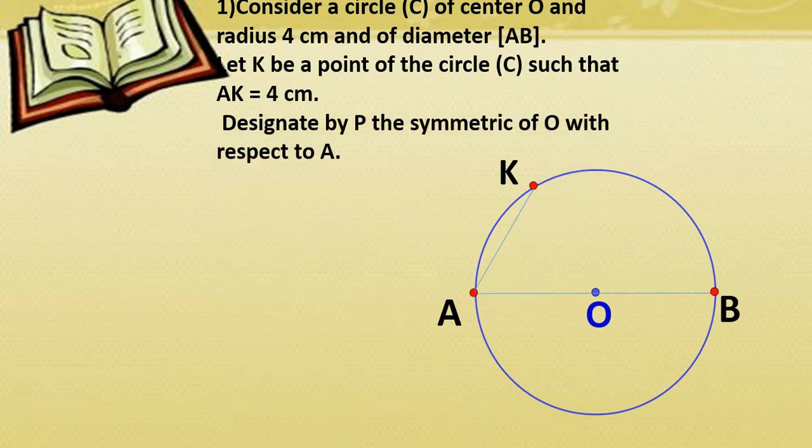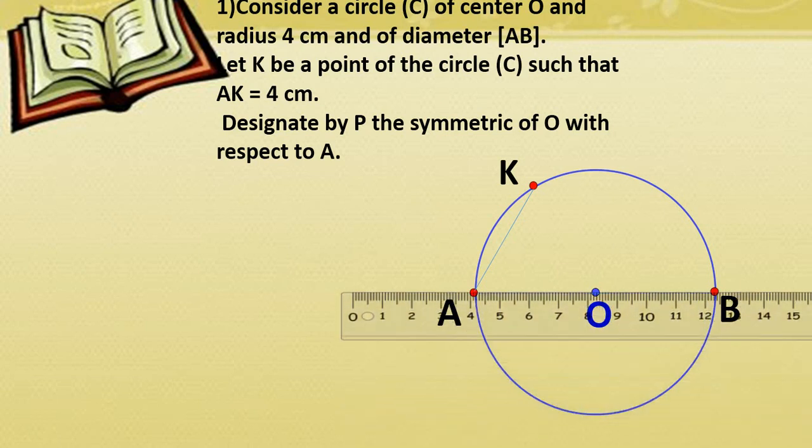Designate by P the symmetric of O with respect to A. So A is the mirror. P is the image of O with respect to the mirror A. So the distance between O and A is equal to 4 cm because A is on the circle and the distance is a radius to the center.